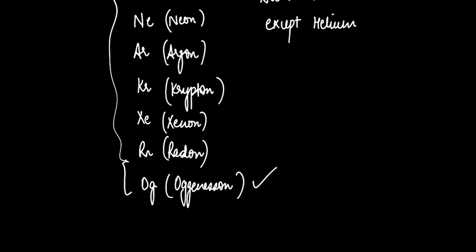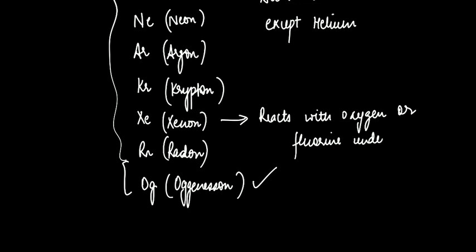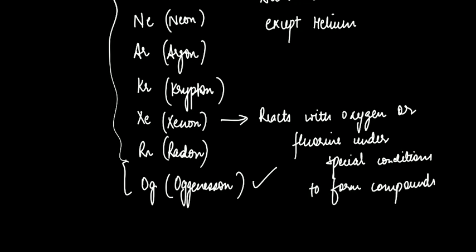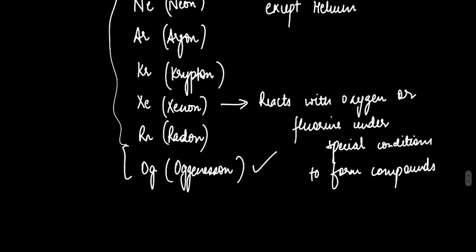So if we talk about xenon, this definitely reacts with oxygen or fluorine under special conditions to form compounds like oxides, even oxyfluorides, like xenon trioxide, XeO3.